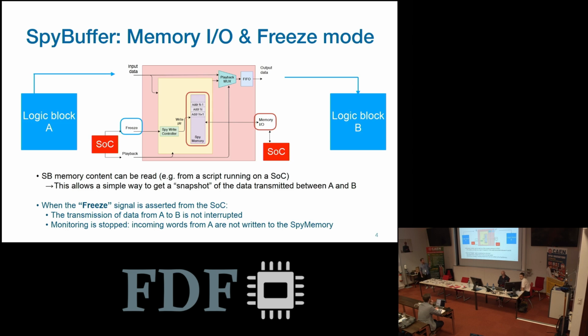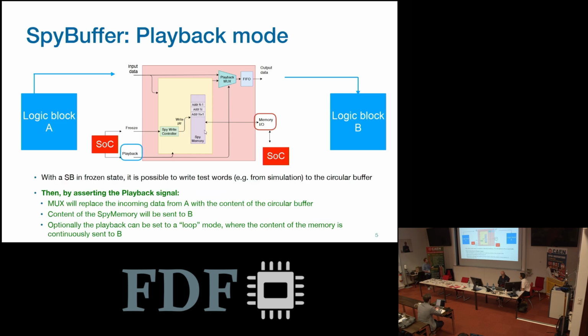So after the freeze signal, what is transmitted from A to B is uninterrupted, but the monitoring is stopped. So at some point, if your memory here is memory mapped, you can access it and you can read the content to get a snapshot in time of what was being sent through your data path.